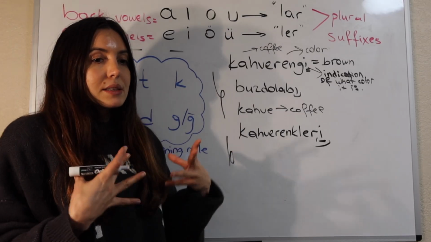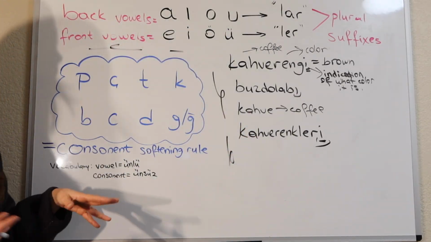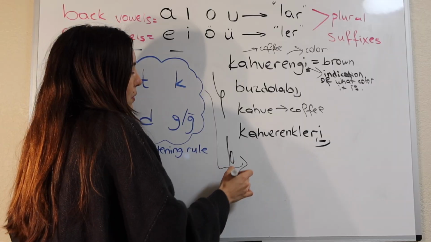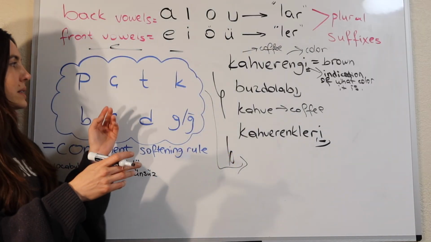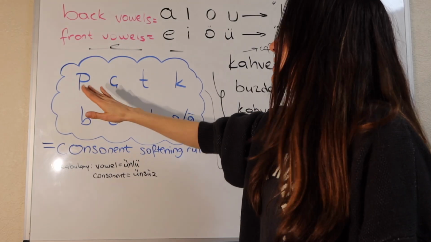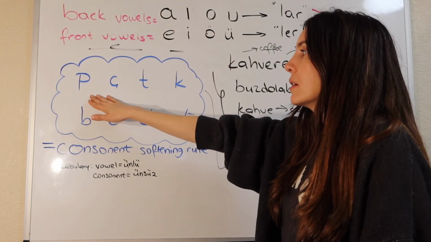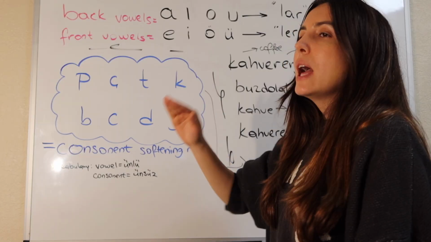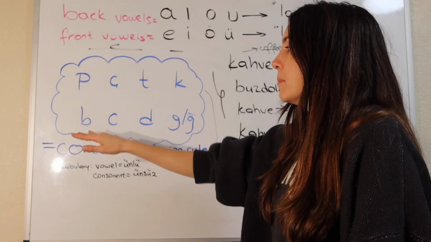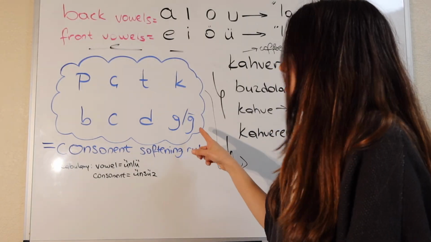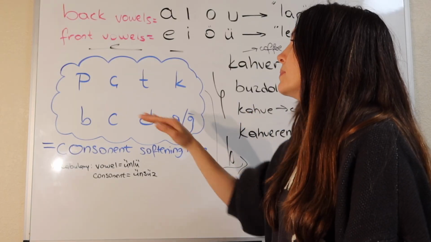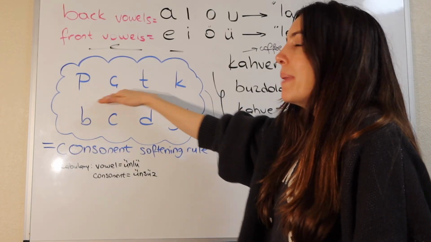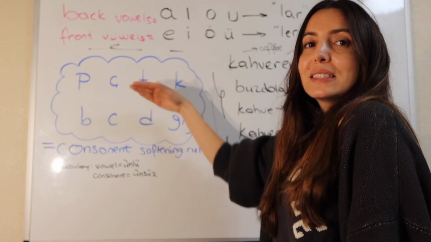How we as kids were taught how to remember this, the tip that we were given was basically this. The way we sound these letters out in the alphabet, if you can remember from the first video, is PÇTK. Everything has E. BCDG, right? Yumuşak G does not. It's a soft G.